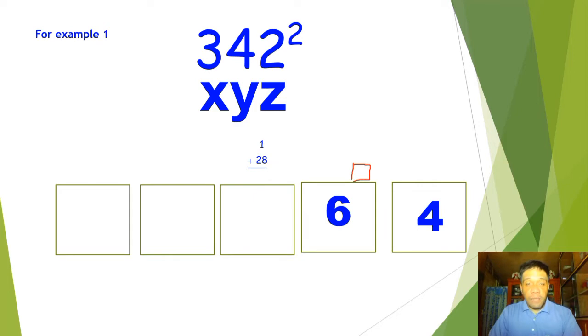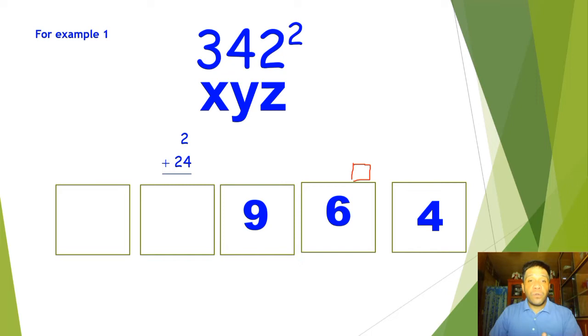It would be added by 1, and that is 29. So the result is 29. Bring down 9, carry 2 to the next box, which is the thousands place. In other words, we start from left to right as we write all of the answers that we have.